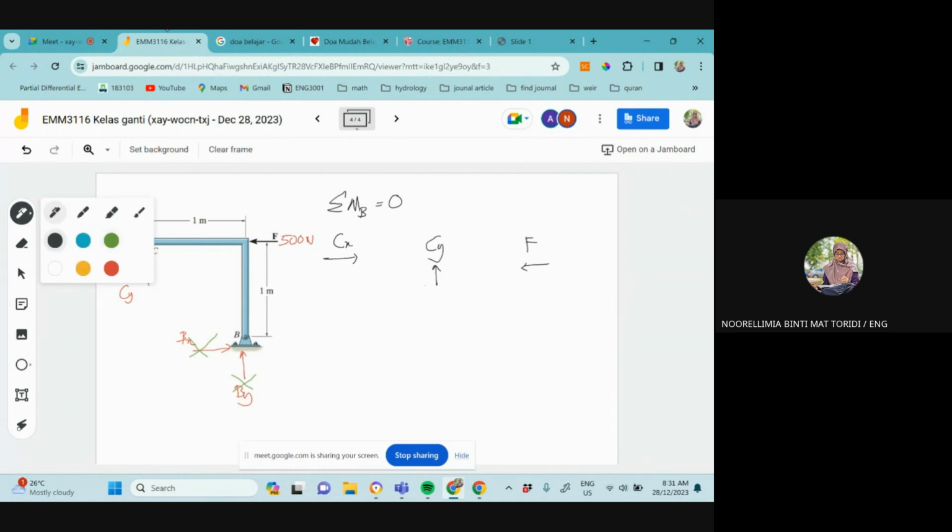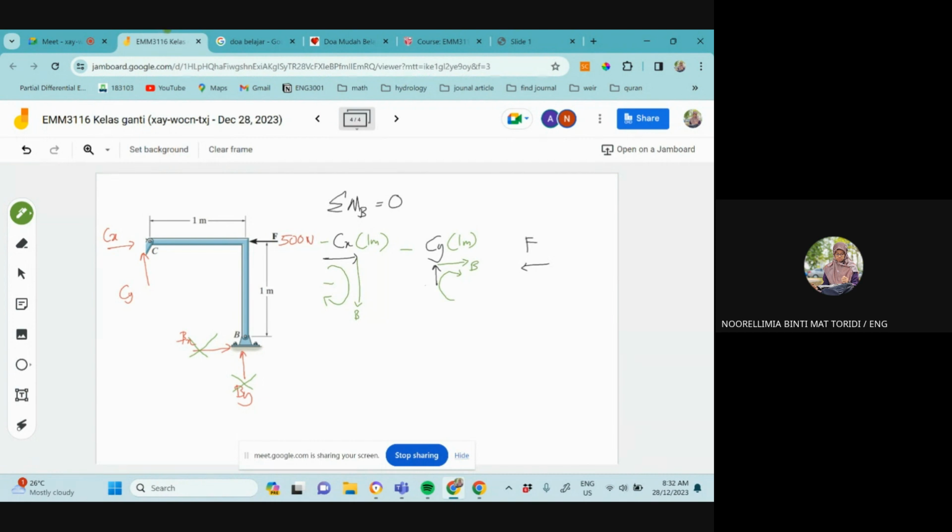Now we have to find what? 90-degree distance. Okay, so CX, the 90-degree distance to B is equal to 1 meter. Okay. So this one is clockwise, so it is negative. And then CY, 90-degree distance to B is equal to 1 meter as well. So this one still clockwise, so it is negative.